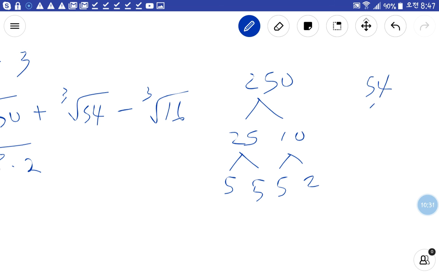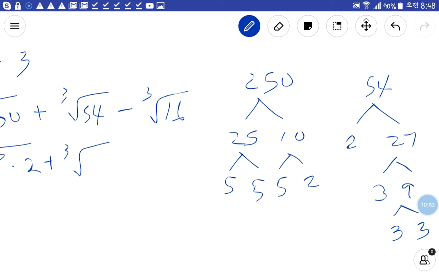What number can go into 54? 2 can go into 54 since 54 is an even number. Now 27. Oh, 27 is what? A perfect cube number, which is 3 cubed, right? So I can do cube root of 3 cubed times 2.